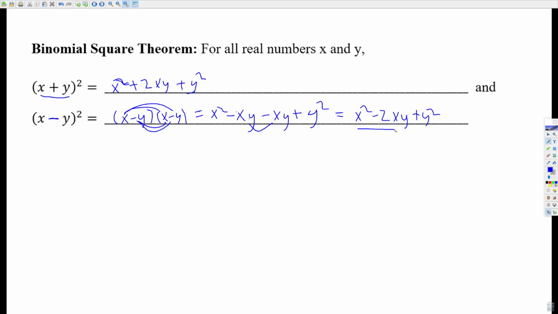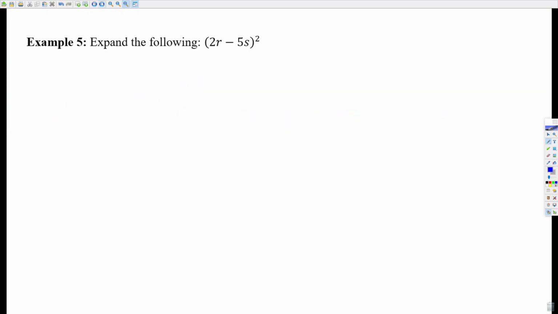And again, you can use these as a little bit of a shortcut to help you do these kinds of problems quickly. So we're going to do one like this so you can see it. It says expand the following: 2r minus 5s, squared.